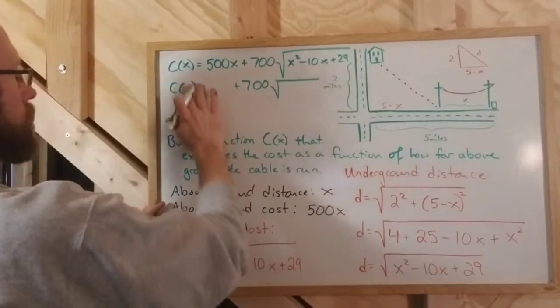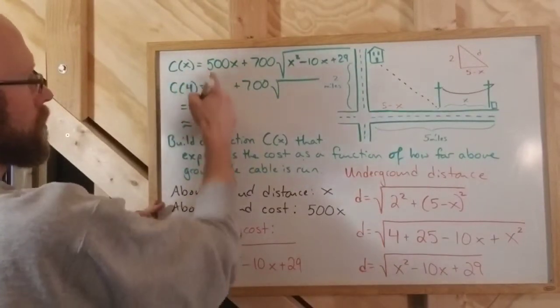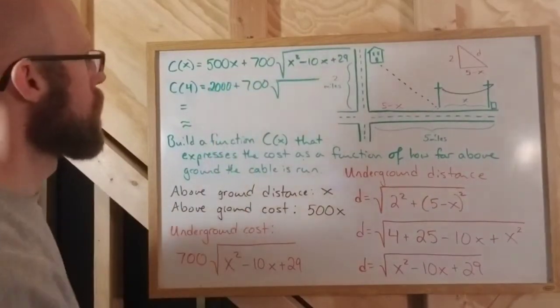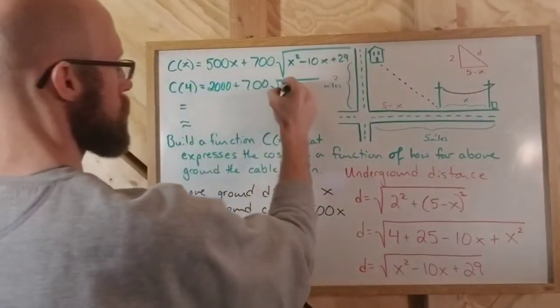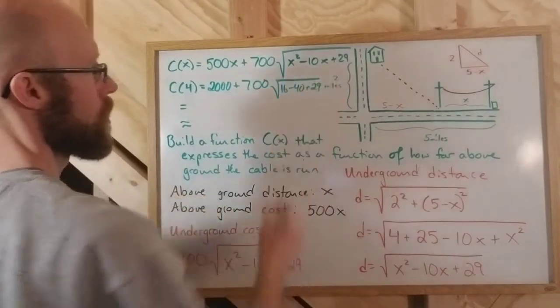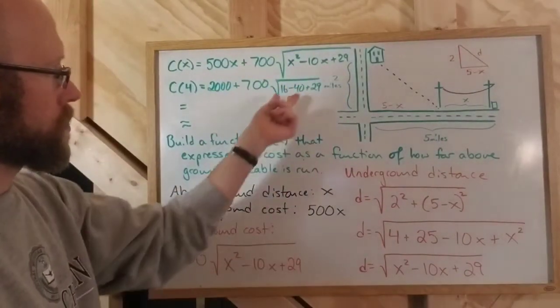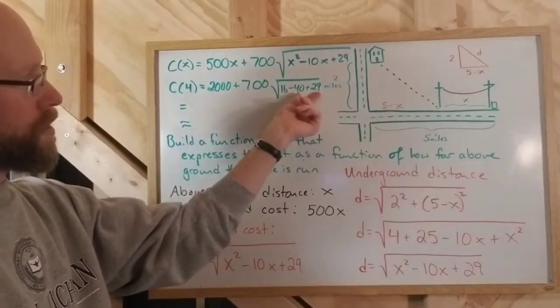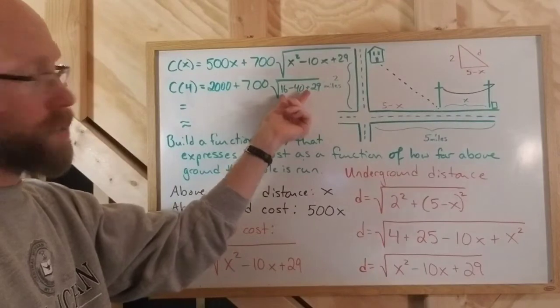Okay, so if I ran that 4 miles, 500 times 4 is 2,000. Let's see, 4 squared is 16. 10 times 4 is 40. And add 29. So let's see, 29 minus 40 is negative 11. Plus 16 would be 5.